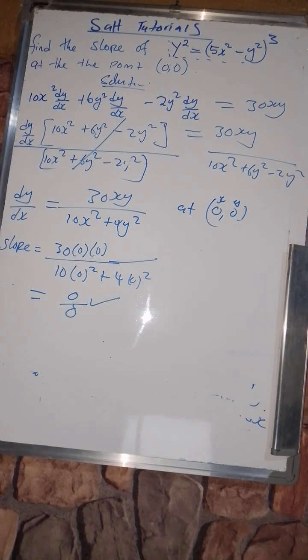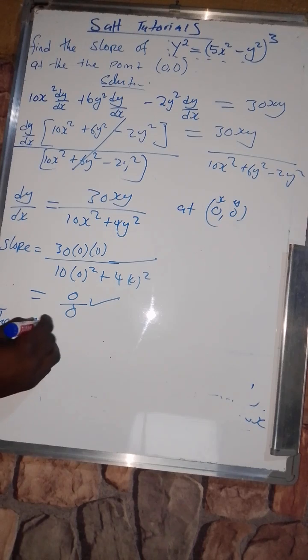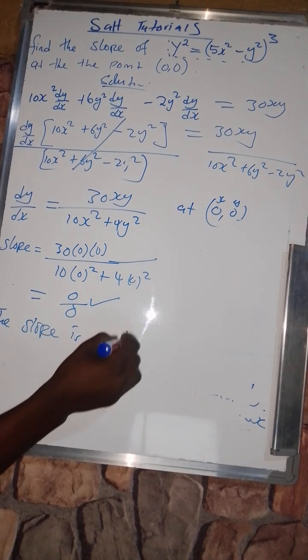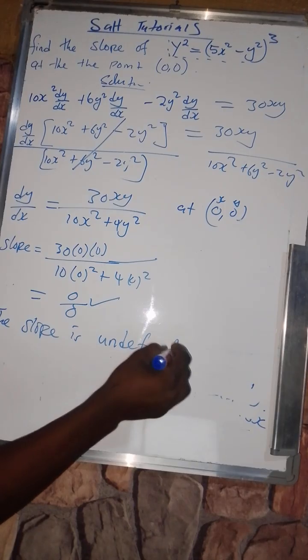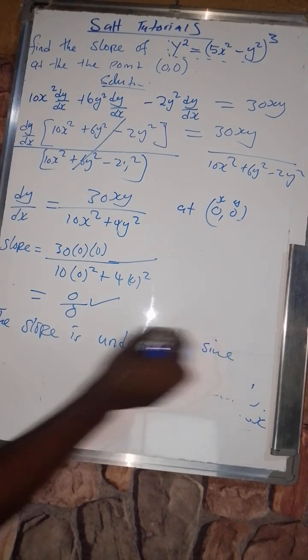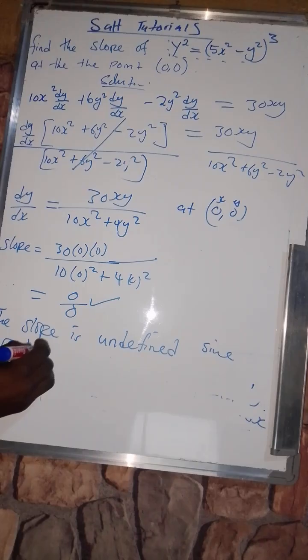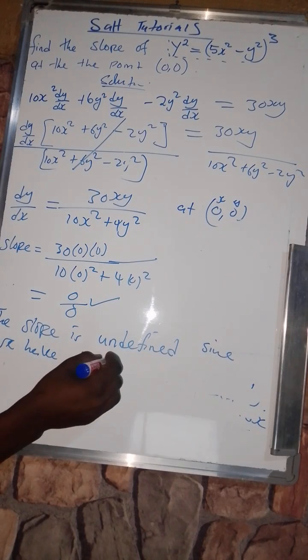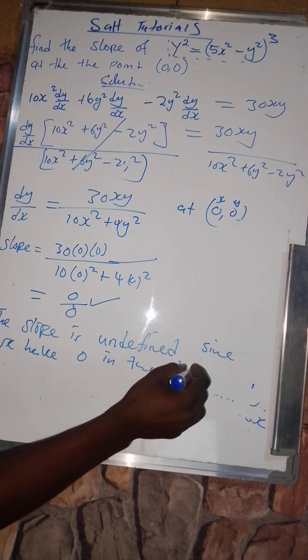I believe that in the preparation of this question they didn't prepare it well, but in such a situation we can simply say that the slope is undefined, since we have 0 in the denominator. As simple as that.